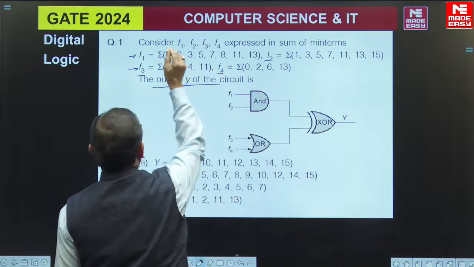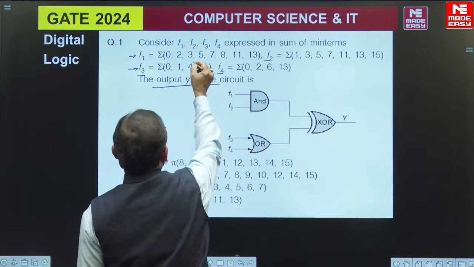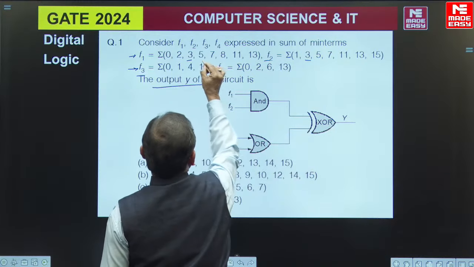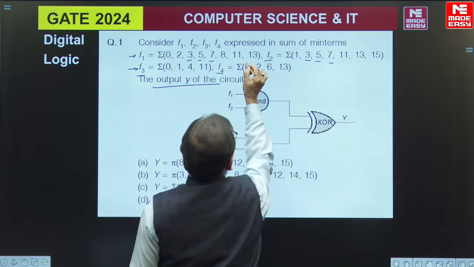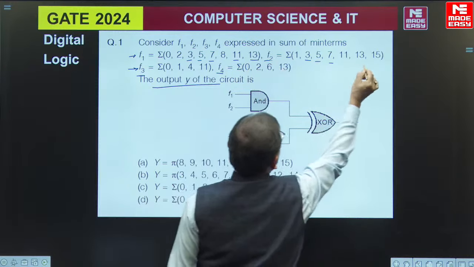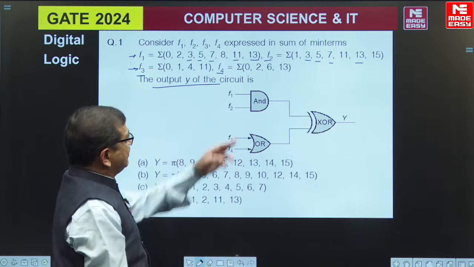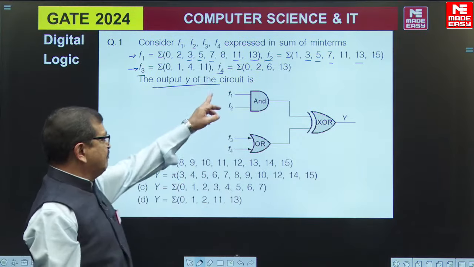If you compare the functions F1 and F2, 3 is common, 5 common, 7 common, 11 common and also 13 common.